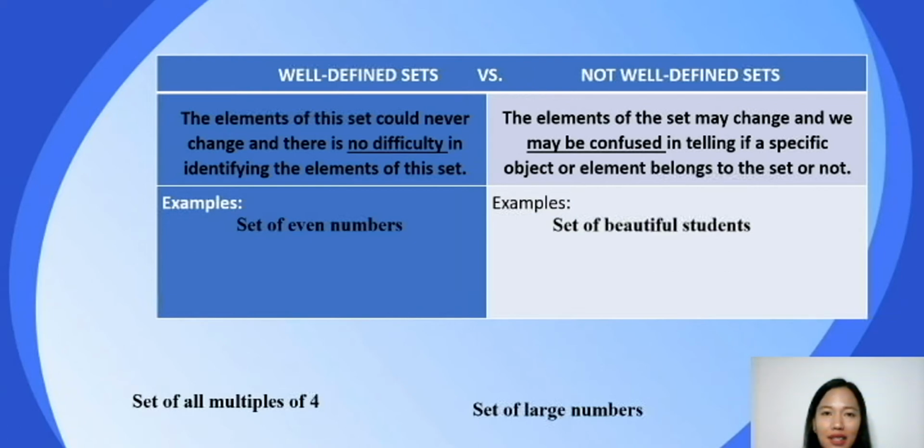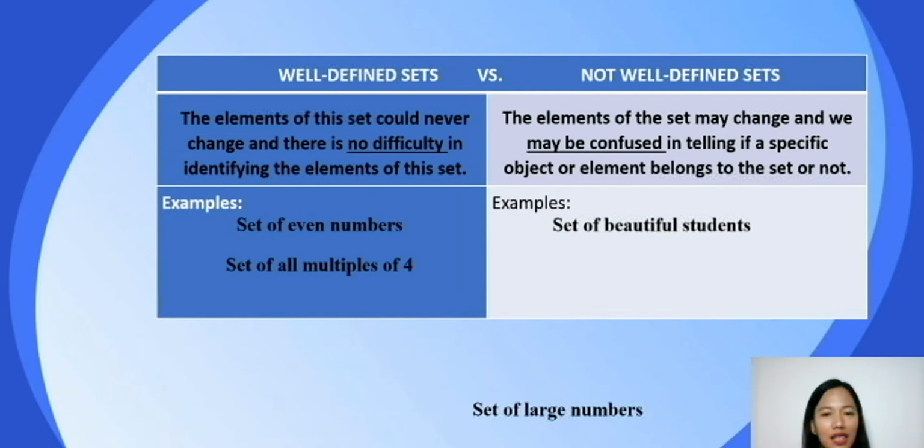Fantastic! Set of even numbers is a well-defined set because you can easily say if a specific number is an even number or not. Next, set of all multiples of 4. Well-defined set or not well-defined set? Awesome! Set of all multiples of 4 is a well-defined set because you can easily say if a specific number is a multiple of 4 or not.